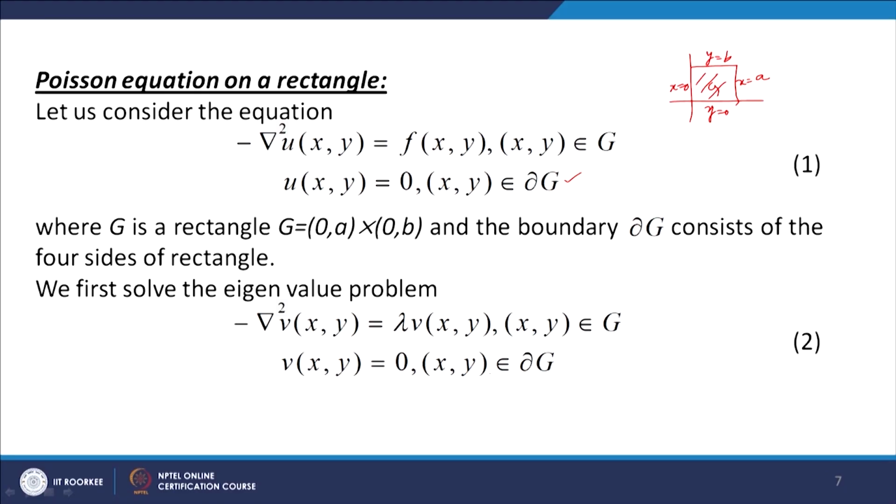So v x y equal to 0 on the boundary of G means v 0 y equal to 0, then v x 0 equal to 0 corresponding to this side, and then v a y equal to 0 corresponding to this side, and v x b equal to 0 corresponding to this side. So these are 4 boundary conditions which come from this Dirichlet condition v x y equal to 0.